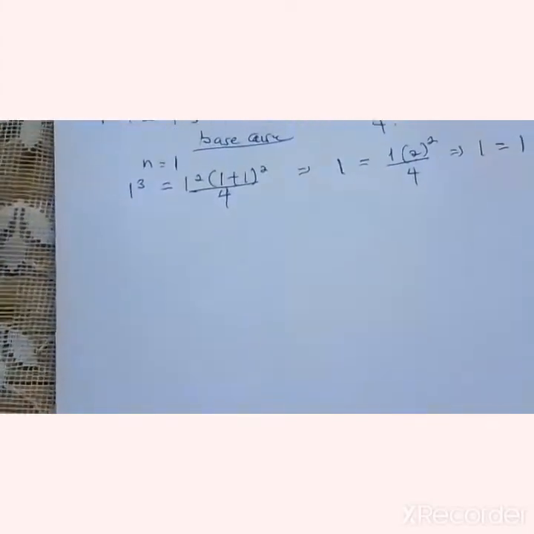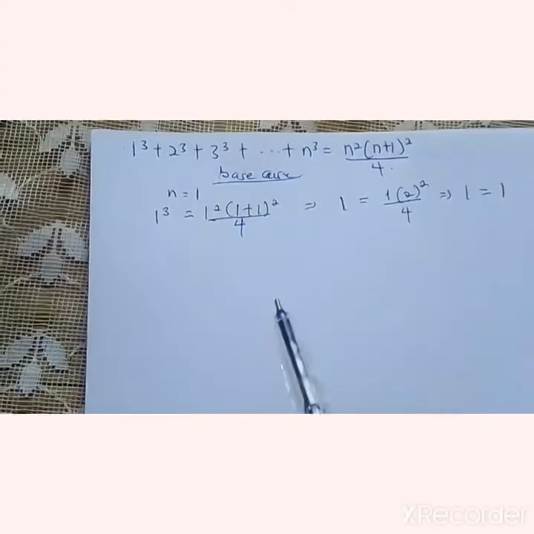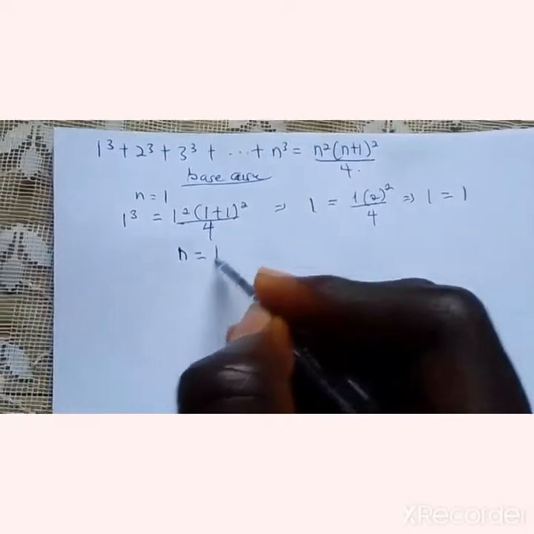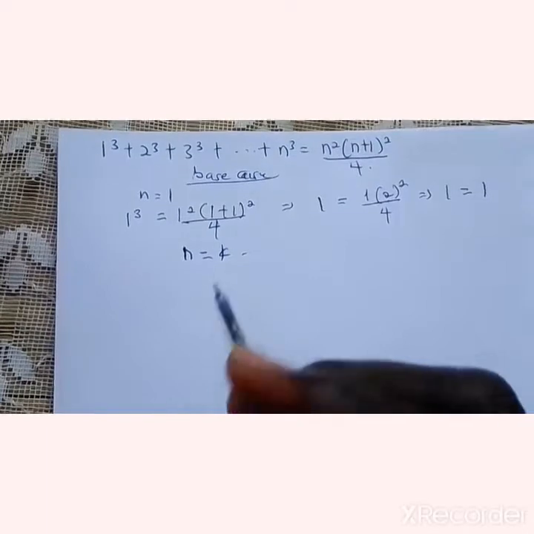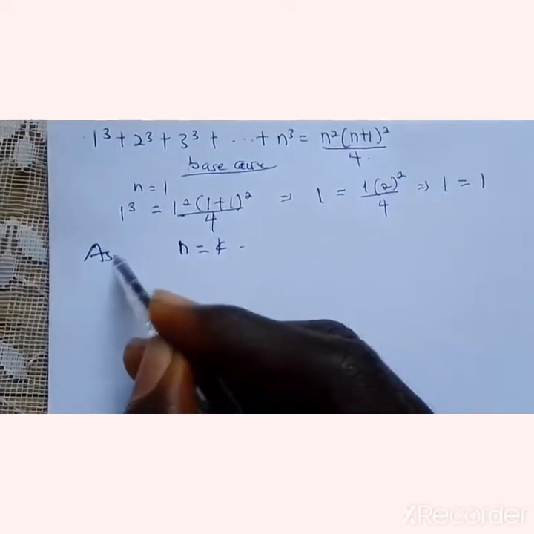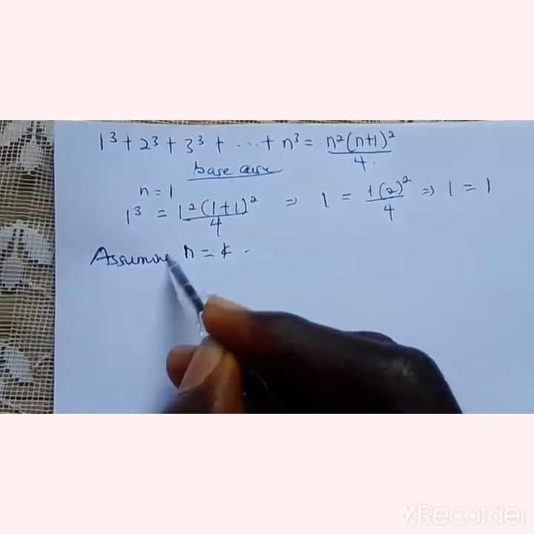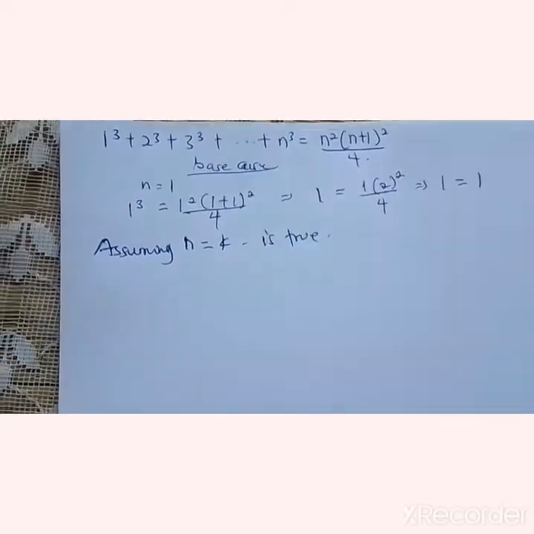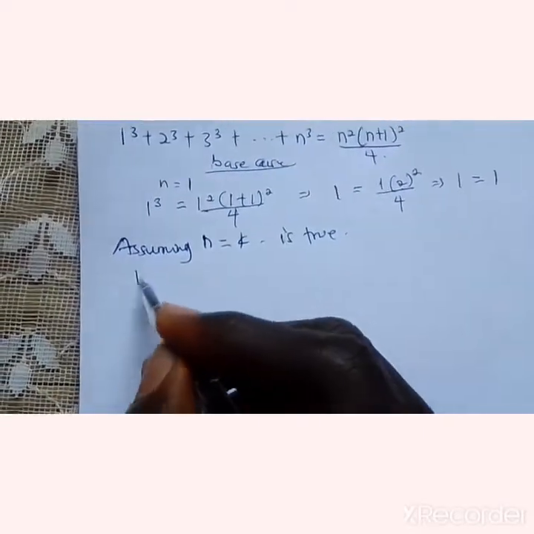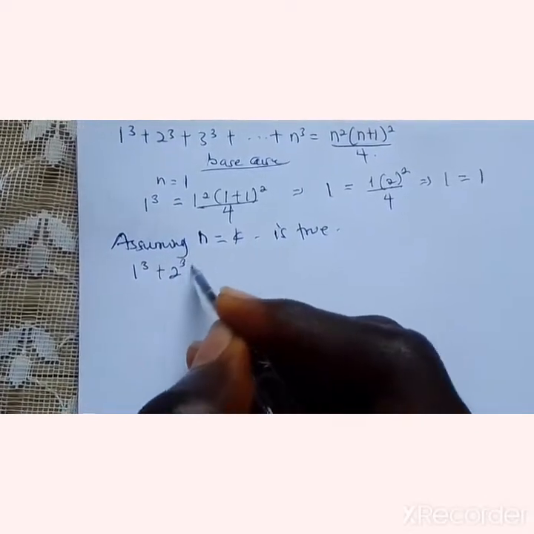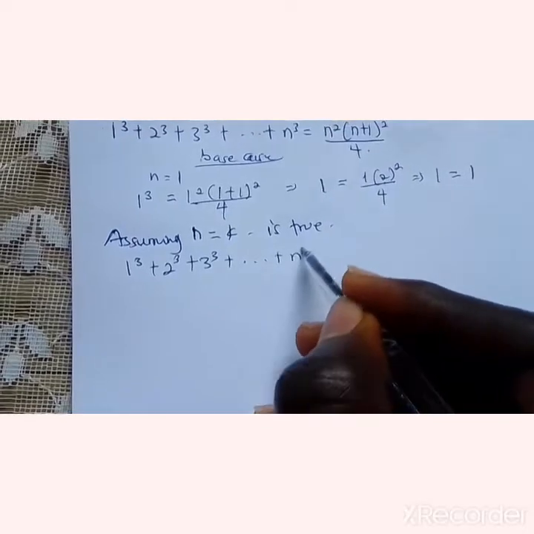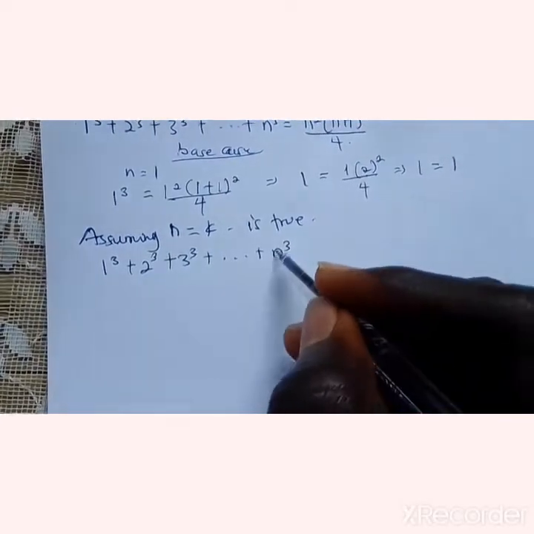So let's use our induction hypothesis and assume that the statement is true for n equals k. So we are assuming n equals k is true. That is the assumption. We are going to have 1 cube plus 2 cube plus 3 cube plus up to k cube.